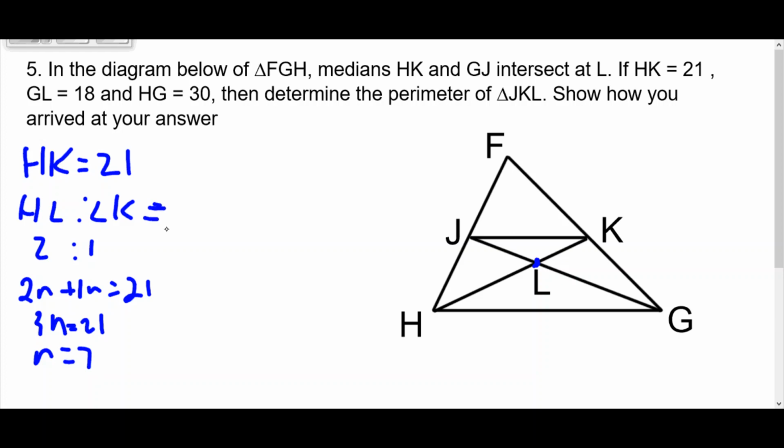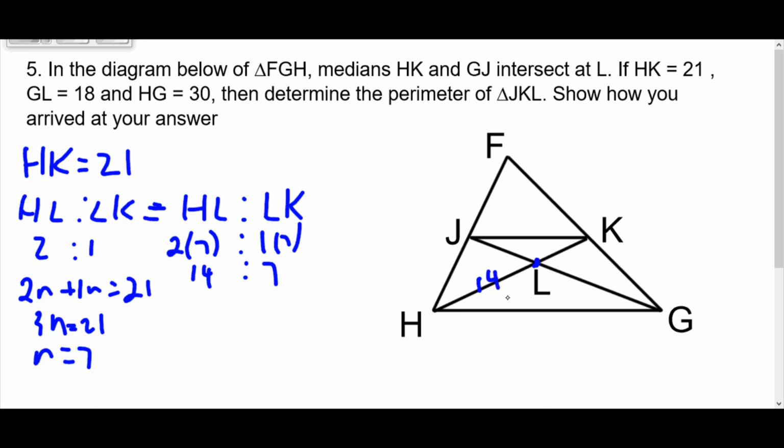That means that here, HL is going to be 2 times 7, and LK is 1 times 7, so their sides are 14 and 7. So let's put that down here. Here's 14 and 7. All right, and then let's take a look at GL.